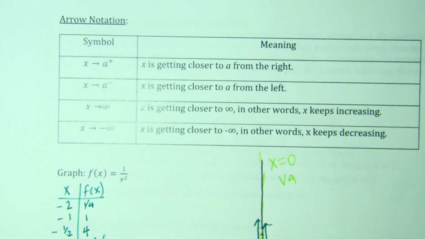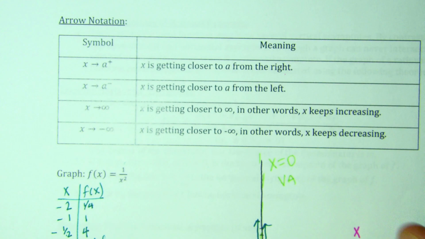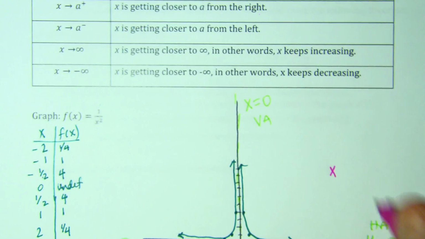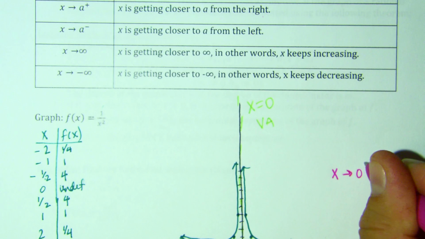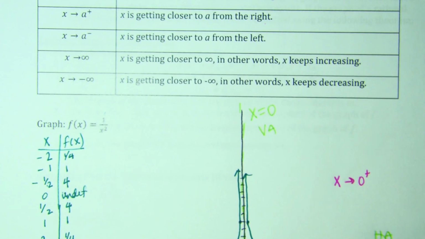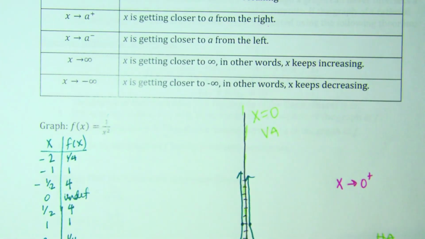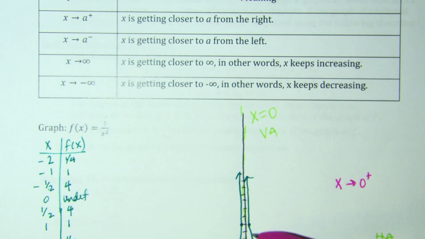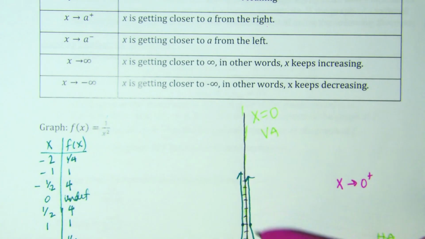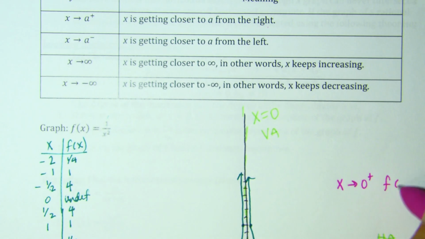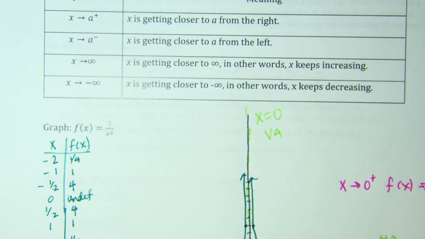So if I was looking at, let's say, as x is getting closer to 0 from the right-hand side, so as my x values are getting closer to 0 from the right, my function is getting closer to infinity. So f of x is going to infinity.